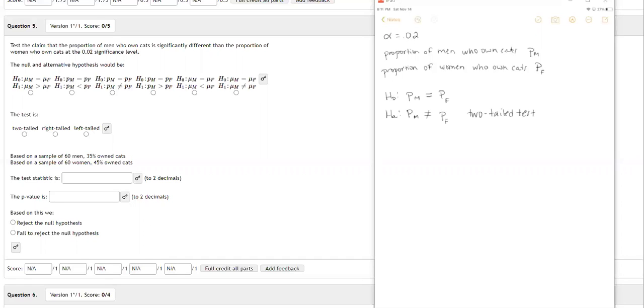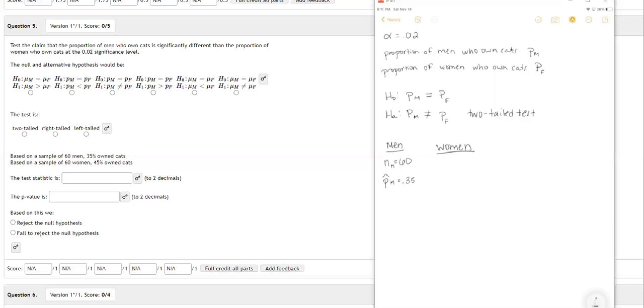So for men and women, we know n sub 1 is 60, and p hat sub 1, or p hat sub m, whichever you want to write, is 0.35.